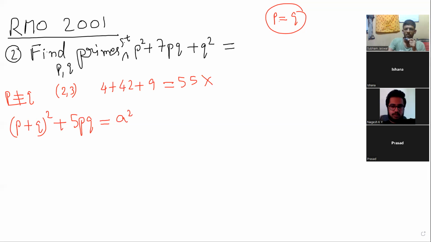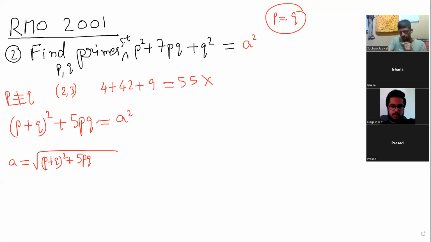So A will be root of the expression on the left side. All right. So for the inside part to be a perfect square, you need 5PQ to be a product of another perfect square and P plus Q the whole square, right?